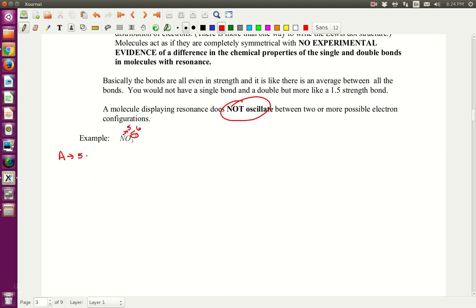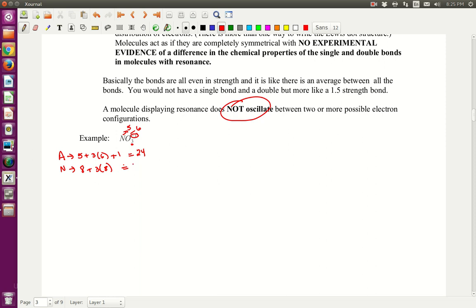So we have 5 electrons plus 3 oxygen atoms times 6, plus 1 more electron because of that negative charge. That's 18 plus 6, so 18 plus 6 is 24 electrons. How many do we need? Every nitrogen really wants 8 in its valence shell. Every oxygen wants 8 in its valence shell.